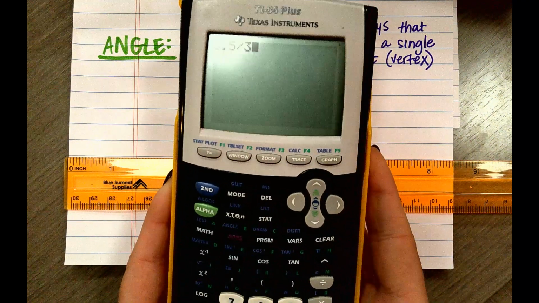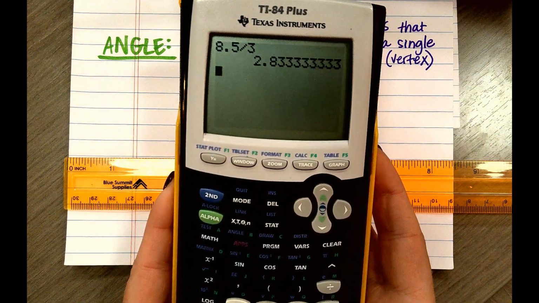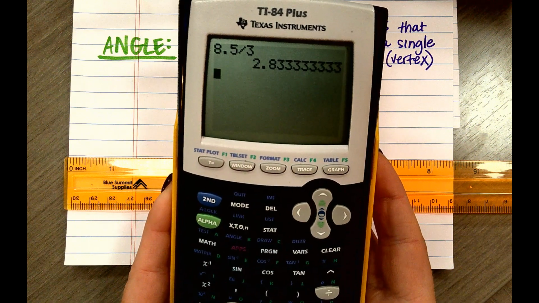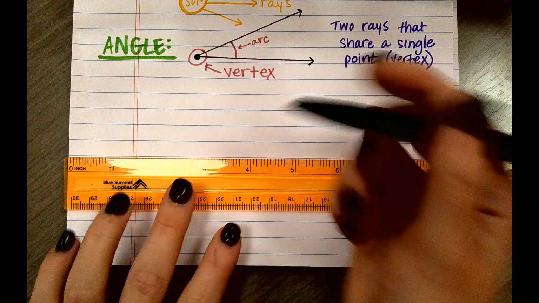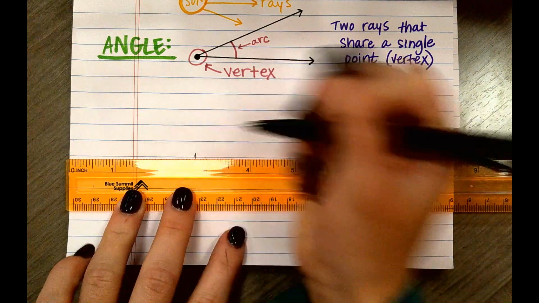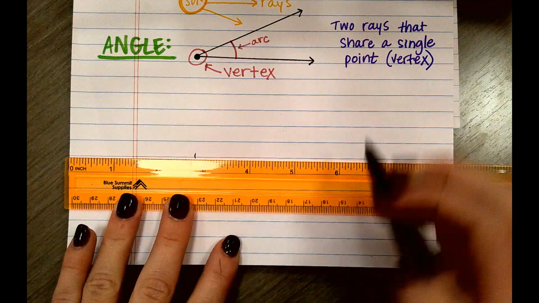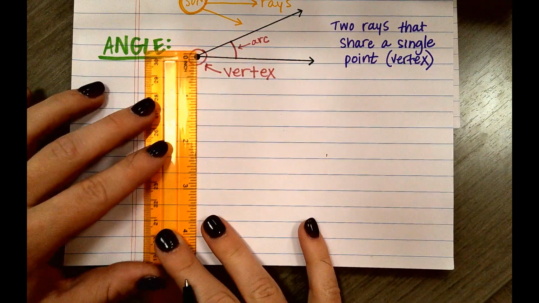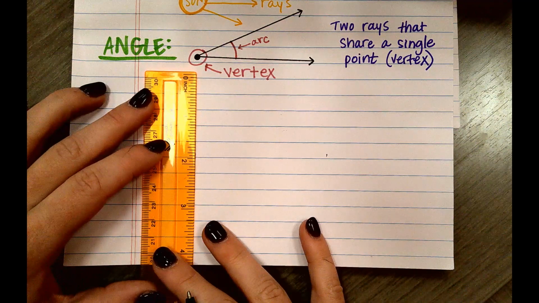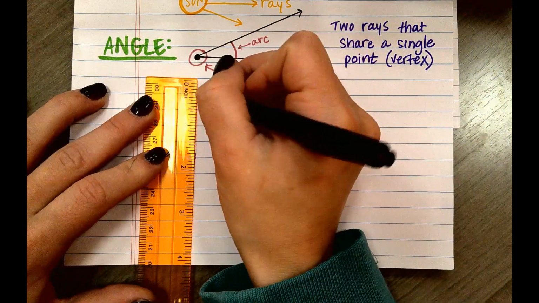About 2 8/10 of an inch. Almost 3 inches. Okay, let me just make some little markings here. 1, 2, okay. Close enough. All right, so I'm gonna make 3 little sections here because I am gonna talk with you guys about 3 types of angles that we will see.